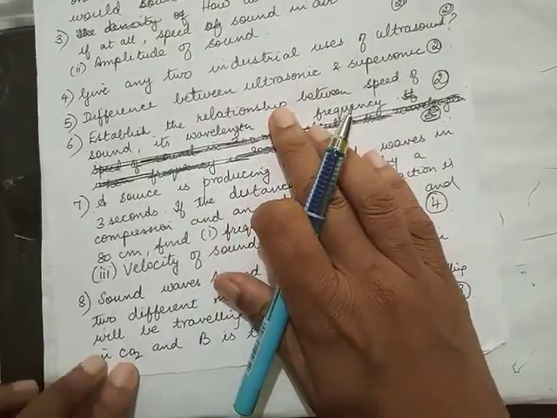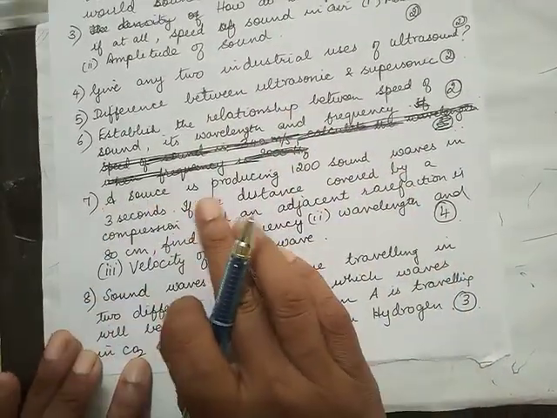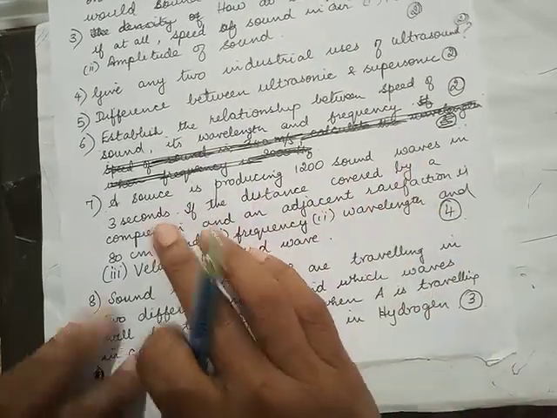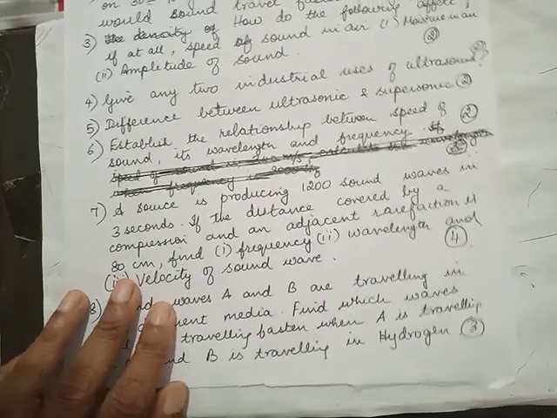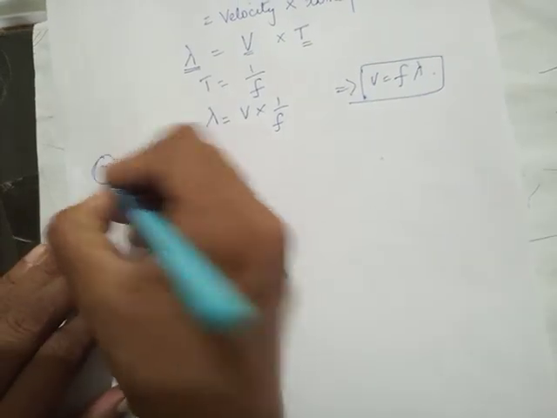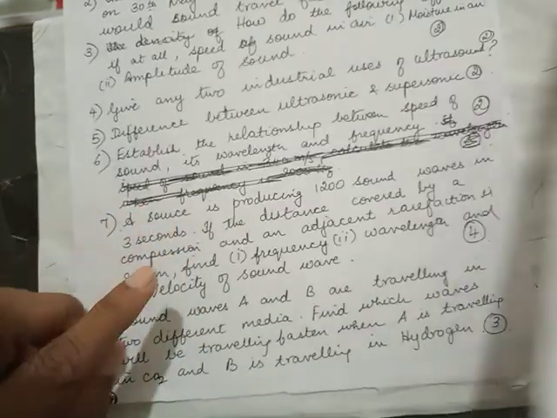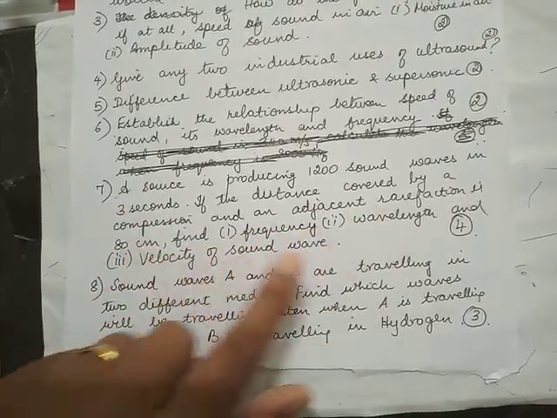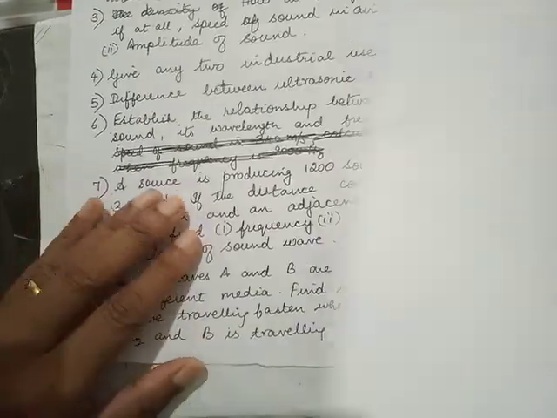Then seventh: a source is producing 1200 sound waves in 3 seconds. If they have given like this, find the frequency.